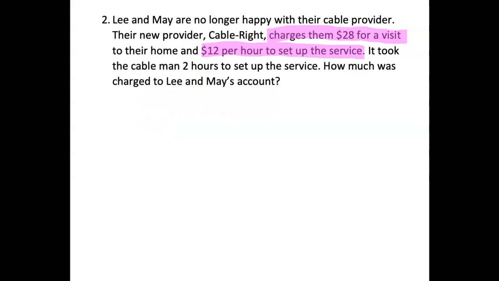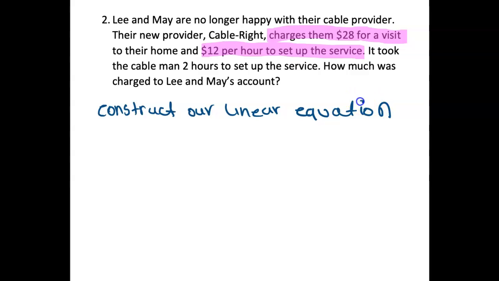Step 1, we need to first construct our linear equation. So we need to know what will be our slope and what will be the b, the y-intercept. So the slope, $12 per hour.